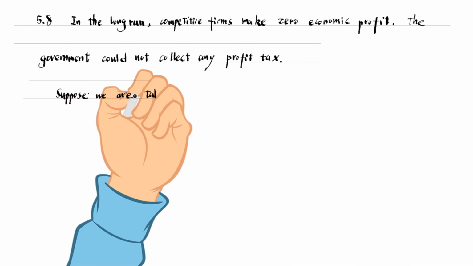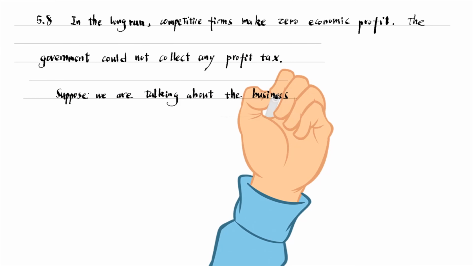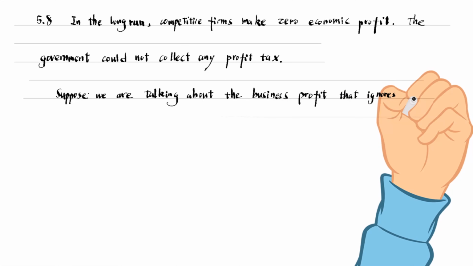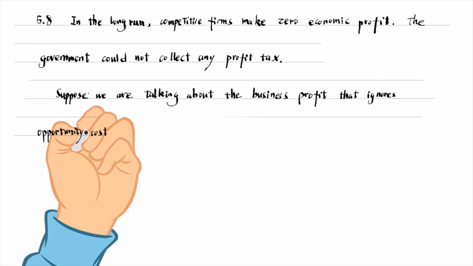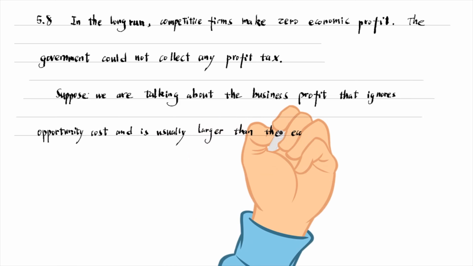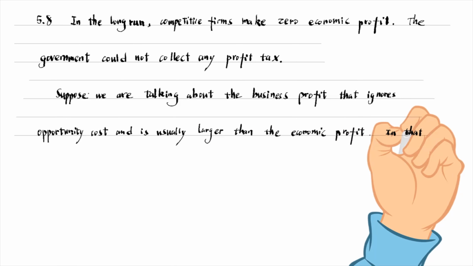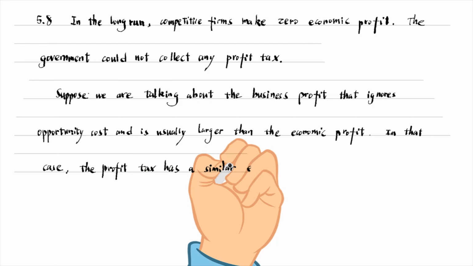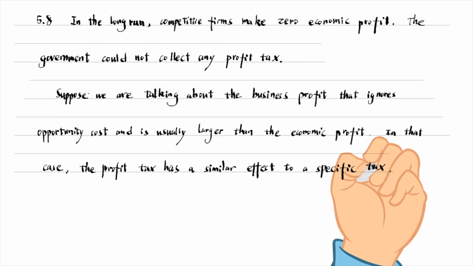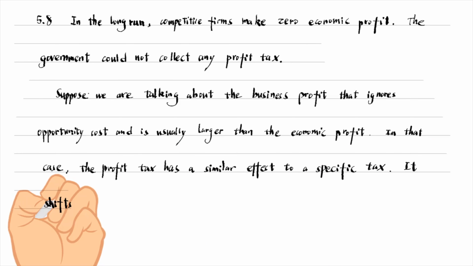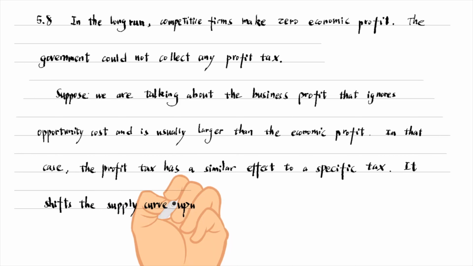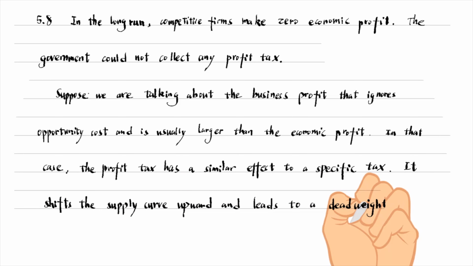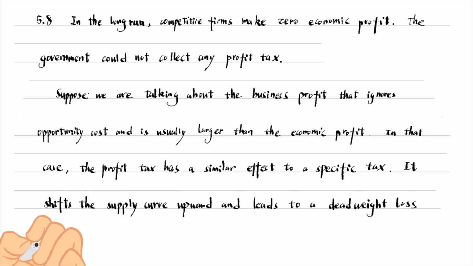Suppose we are talking about the business profit that ignores opportunity cost and is usually larger than the economic profit. In that case, the profit tax has a similar effect to a specific tax. It shifts the supply curve upward and leads to a deadweight loss to society.